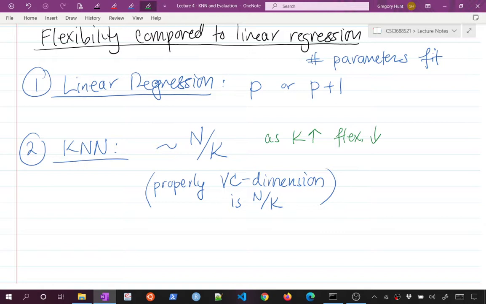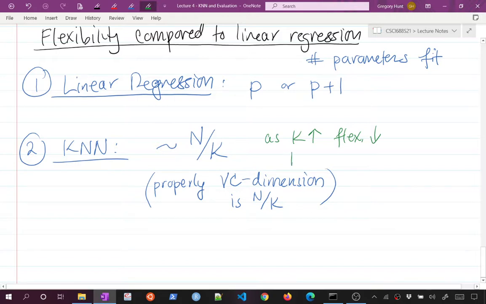Parameters basically tell us a function: predict this value here and this value here, right? One parameter predicts the value here, one parameter predicts the value here, one parameter predicts the value there, right? So more parameters means a more flexible method, means a more complicated f hat I can fit. So as k increases, since k is in the denominator, we get a less flexible method. As n over k goes down, my flexibility, my quote number of parameters, VC dimension, decreases.